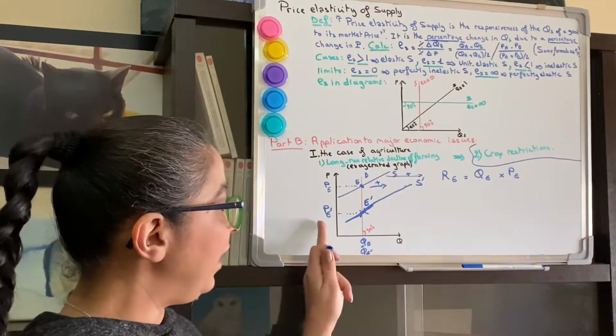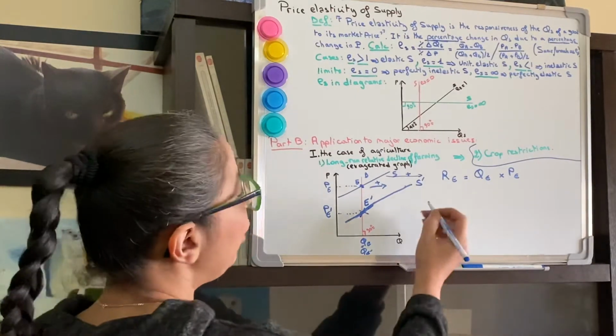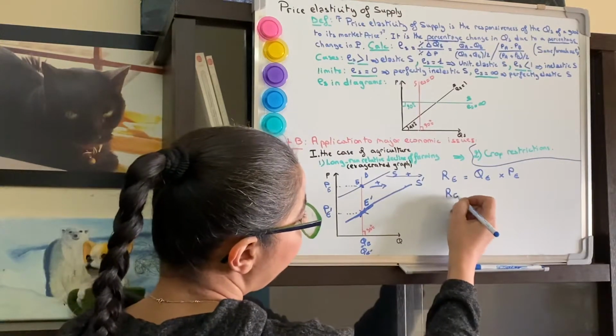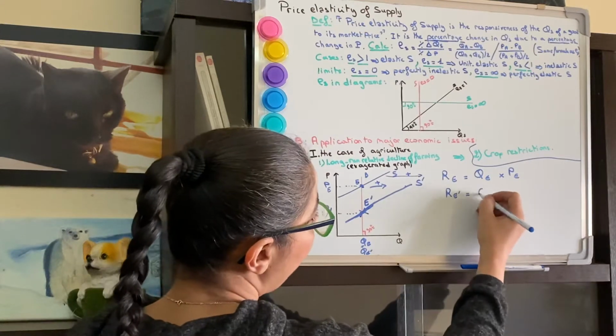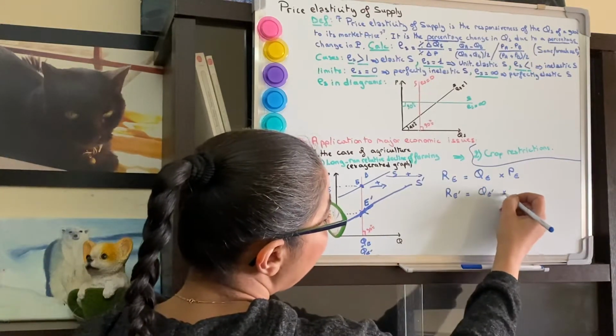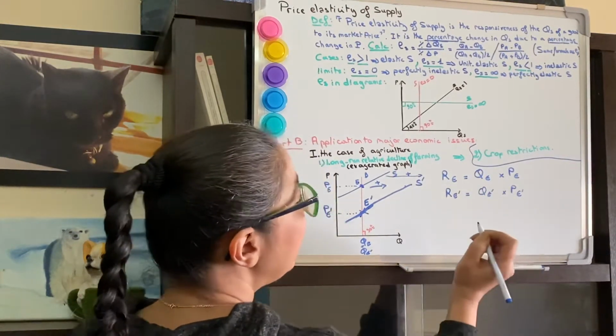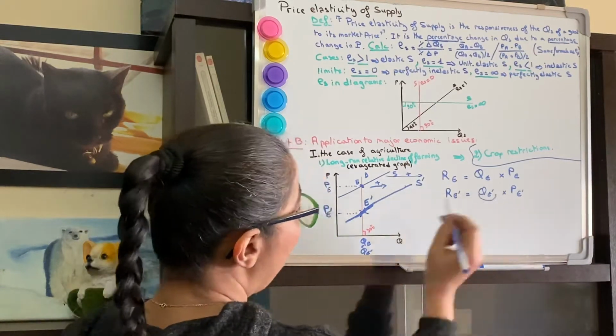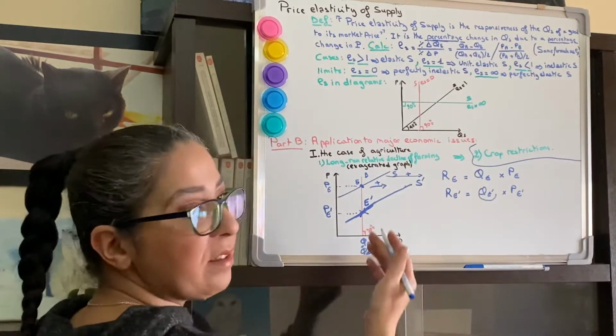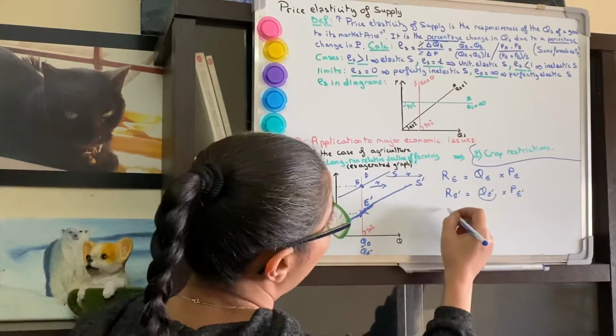Okay, let's calculate this revenue here. Revenue at E prime is equal to QE prime times PE prime, okay? QE prime is equal to QE, it's constant or almost equal.